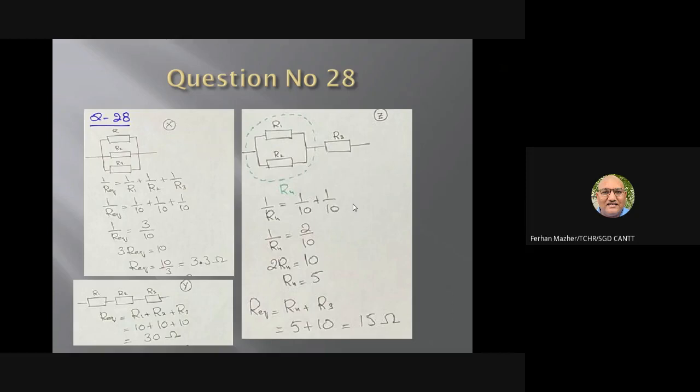Now, what is the smallest resistance? That is X. Then we have Z, and then we have Y. X, Z, and Y. I hope that this is clear to you.